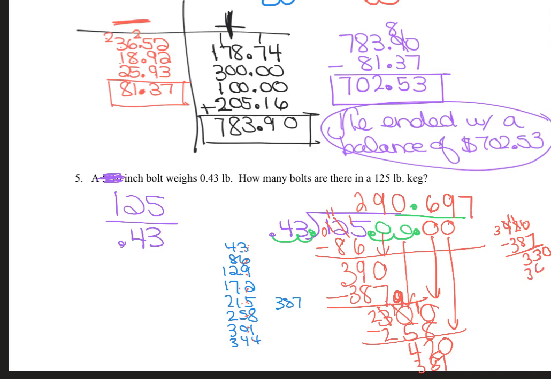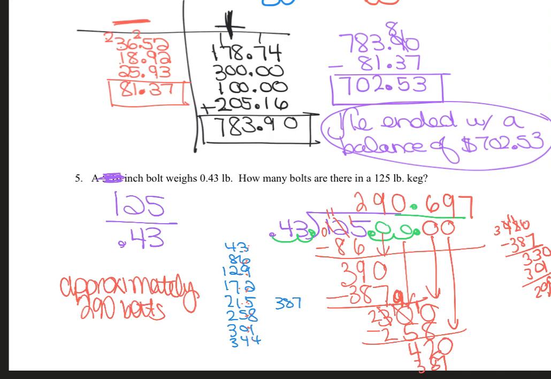That's going to give you 301. That's going to leave you with 29. We're going to bring down the 0 to 90. We're going to continue this forever and ever. So approximately 290 bolts.